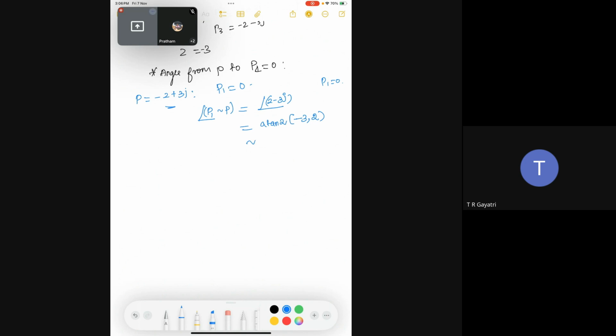If you find it, it will come around minus 56 degrees. If I take another P, minus 2 minus 3j, with the same P1 to 0.